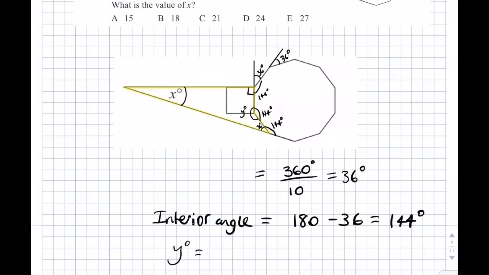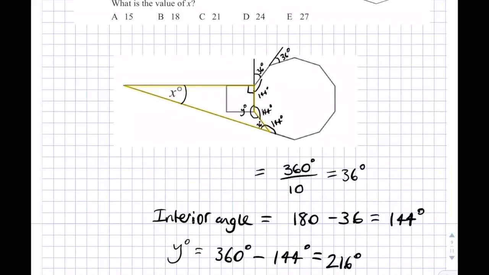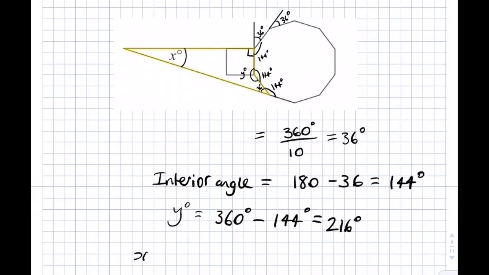Y degrees is equal to 360 take away 144, which is 216. So we know that's 216 and we know that's 36. So now we can generate an equation taking the total of all these angles and making them equal to 360. So we have x plus 90 plus 216 plus 36 equals 360.